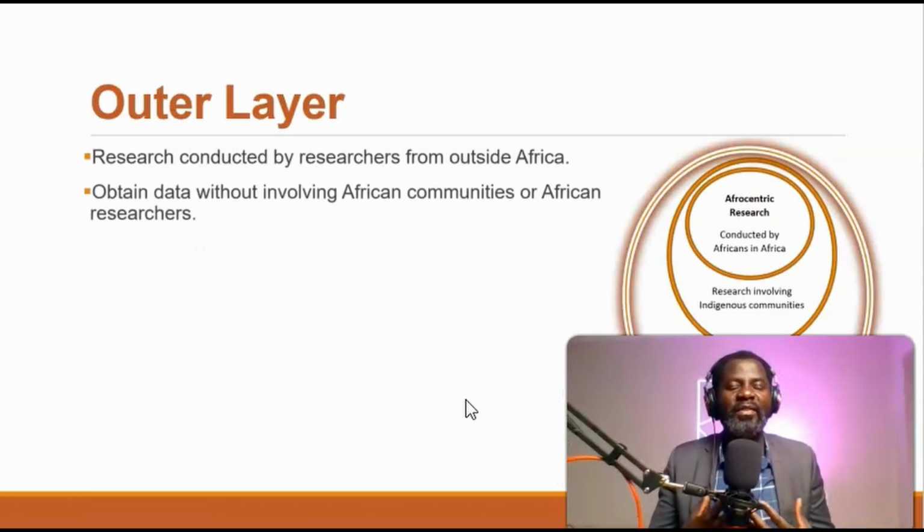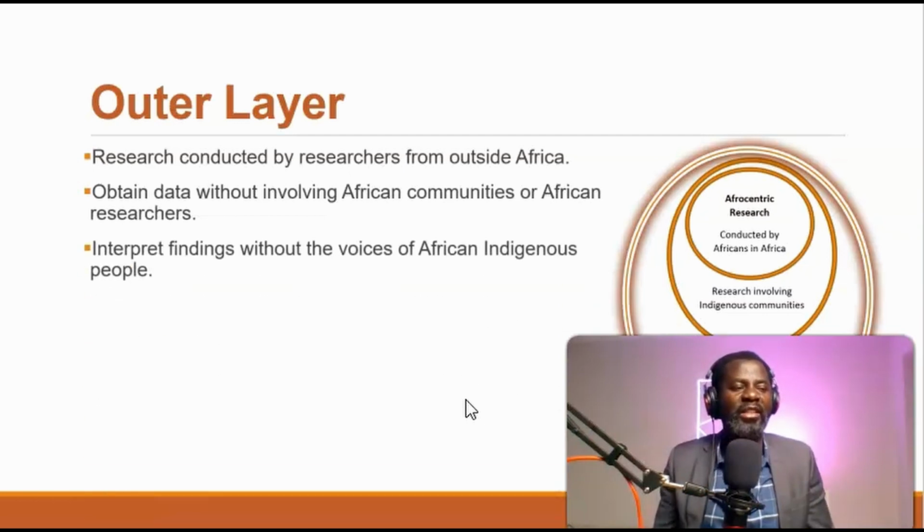So they actually obtain data without involving Africans at the level of decision making or at the level of data interpretation. They just collect that data, they take it in raw form, then they interpret it using Western methodologies of data analysis. They interpret the findings without including the voices of African indigenous people.